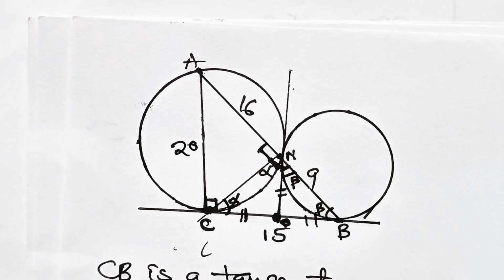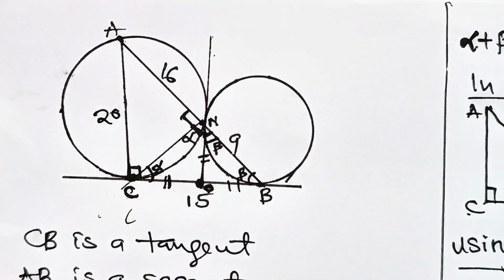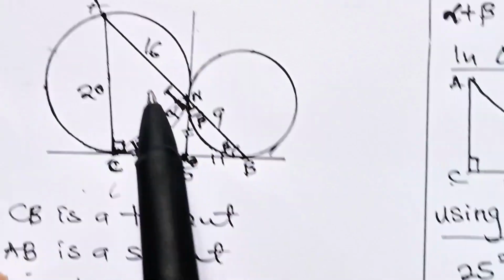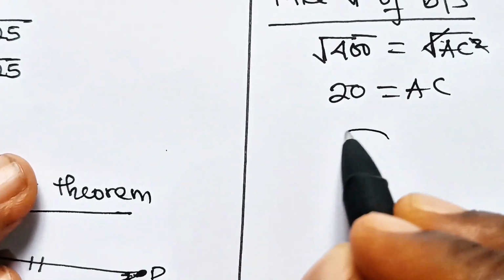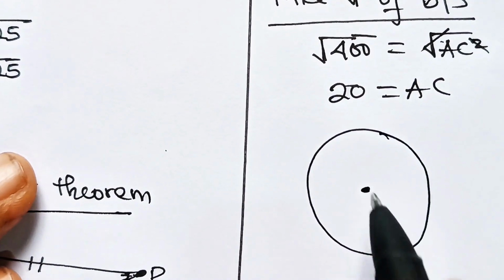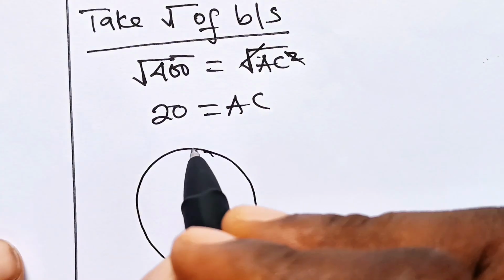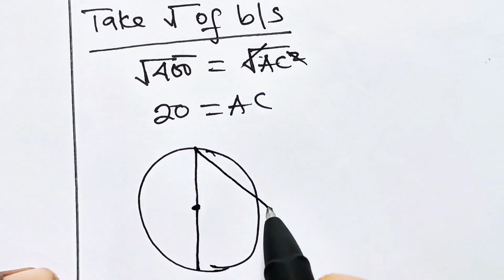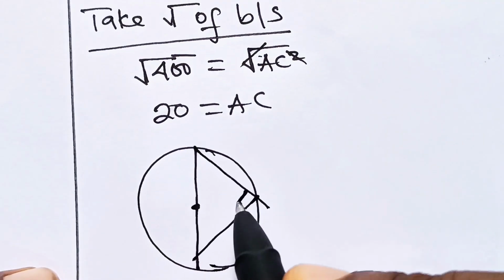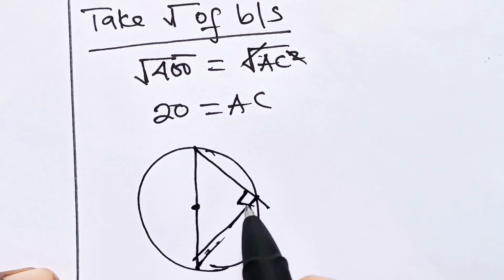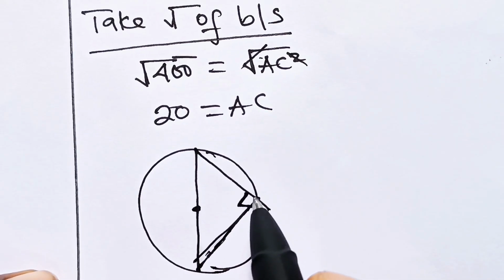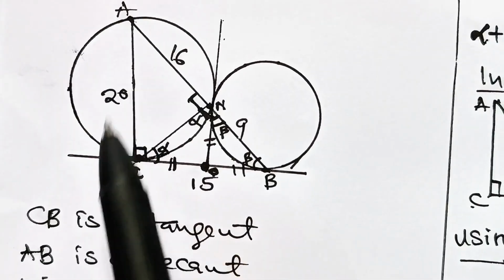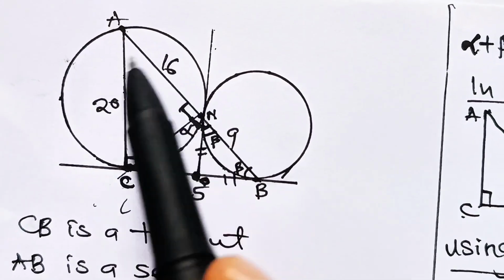So this is 20. Now we just confirm something. We can see that this angle here is 90 degrees. Remember that in a circle, a straight line that passes through the center, which is the diameter, makes an angle of 90 degrees with the circumference. So this implies that AC is the diameter of this circle, even though this is not drawn to scale.